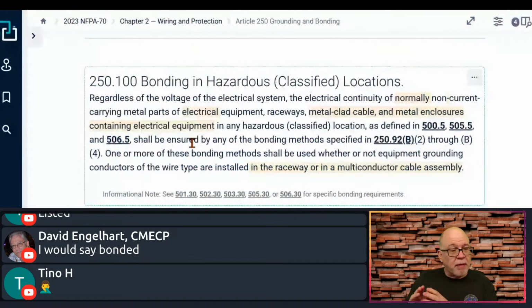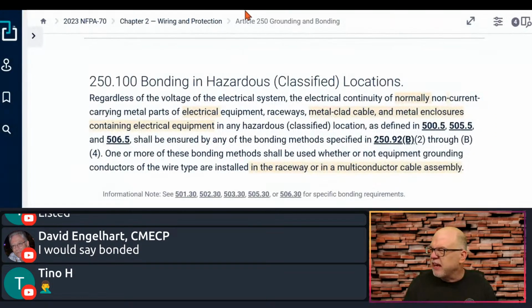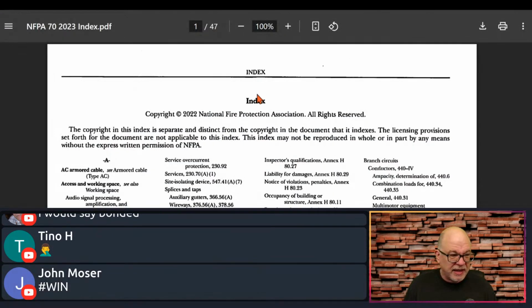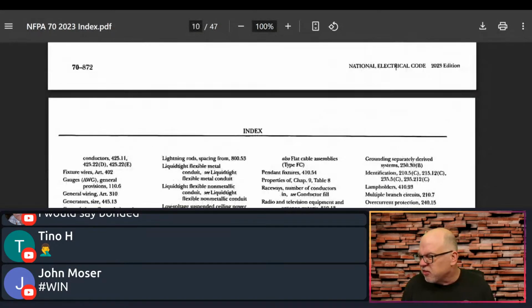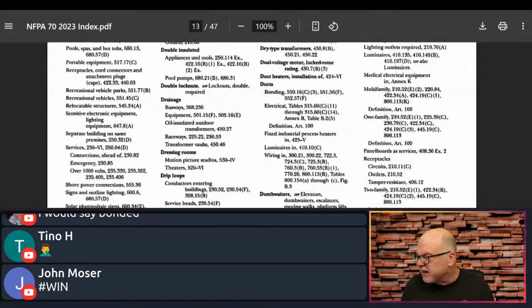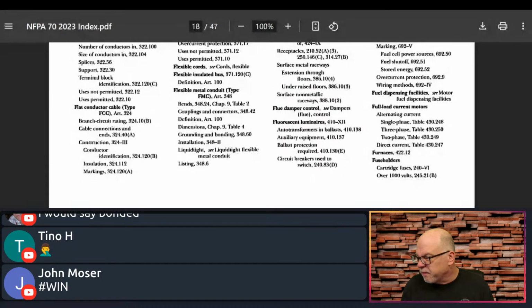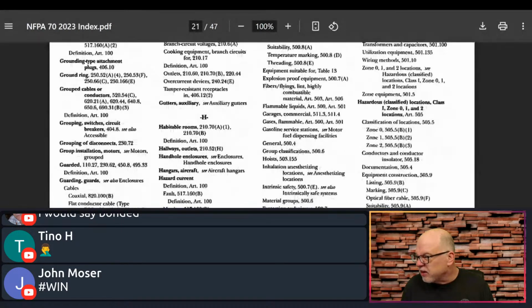Now, I could probably go back in the index, and I will see if this works. Let me make sure I share the right one, because I would screw this up. And I could go down here, and I could probably go down to hazardous locations, because again, that would be dissecting. You got your code book, you can go.